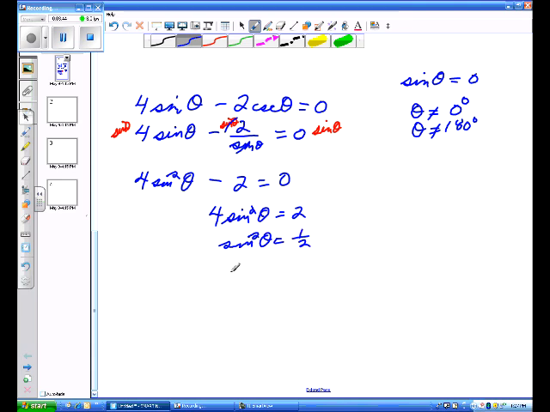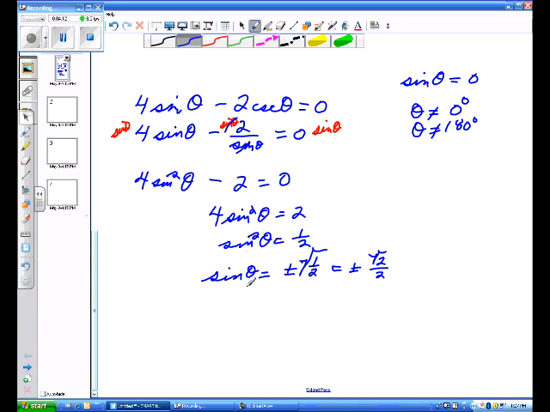Now, to solve, by taking the square root, the sine of theta would equal plus or minus the square root of 1/2, which is plus or minus 1 over the square root of 2, or the square root of 2 over 2, if we rationalize it.